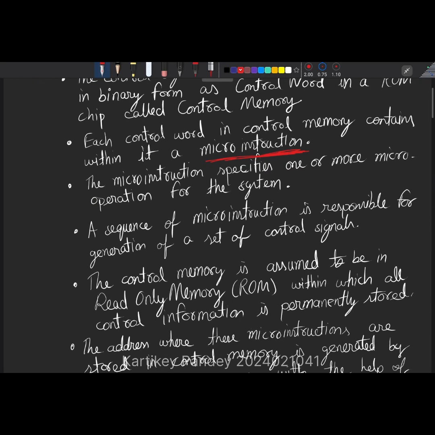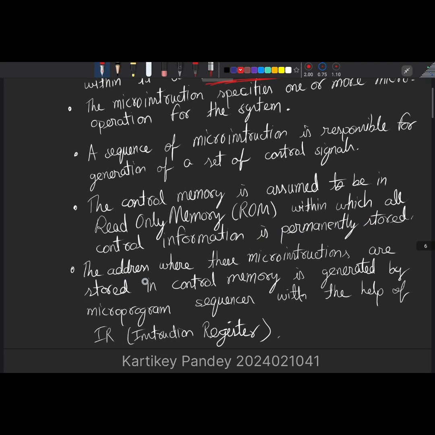So these control words, which are stored in a ROM chip called control memory, contain microinstructions, and these microinstructions specify one or more micro operations. And a sequence of microinstructions is responsible for the generation of a set of control signals. This control memory is assumed to be a read-only memory, which we have already discussed, within which all control information is permanently stored. And the address where these microinstructions are stored in control memory is generated by the microprogram sequencer with the help of the instruction register, which fetches the instruction from the memory.